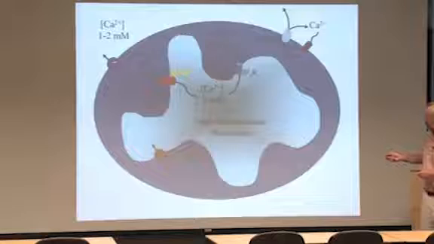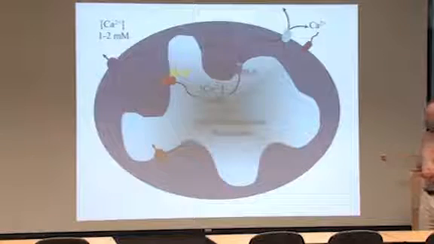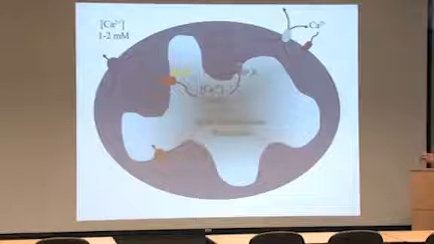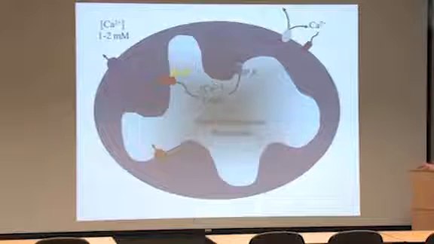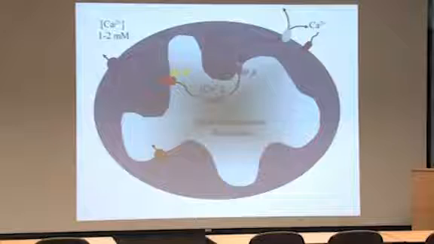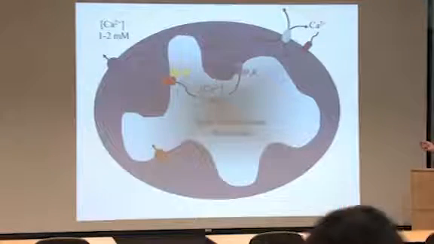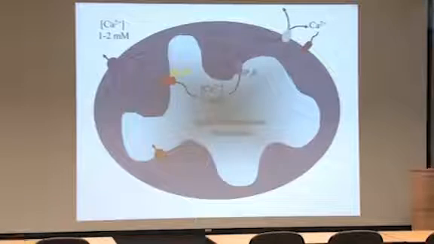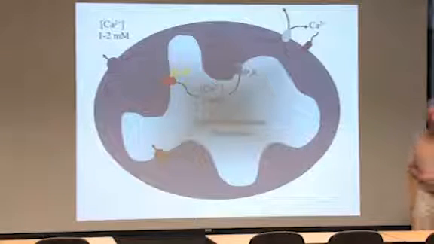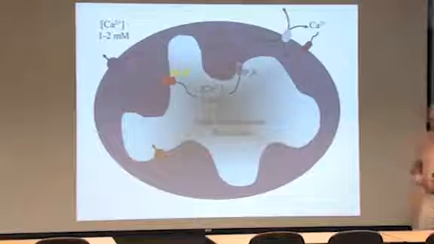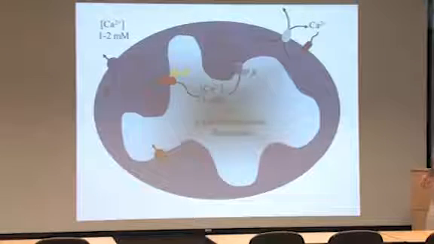There are ATP-dependent calcium pumps on the surface membrane and in the calcium storage organelle. They use ATP hydrolysis to pump calcium either out of the cell or into the storage organelle. There are channels in the surface membrane, which can be voltage regulated or ligand gated, that allow calcium influx.